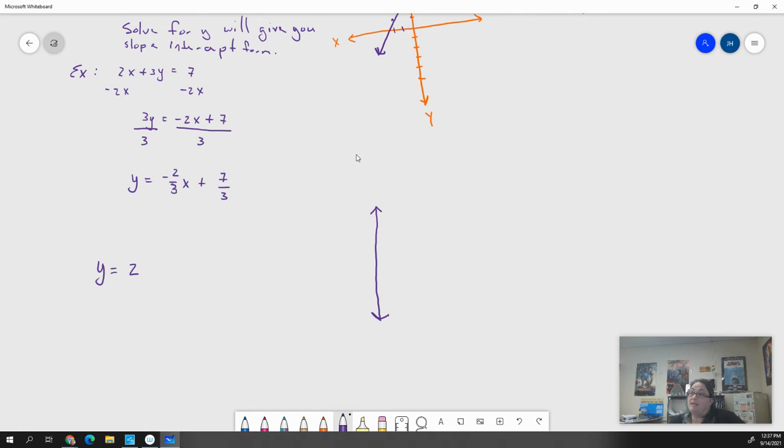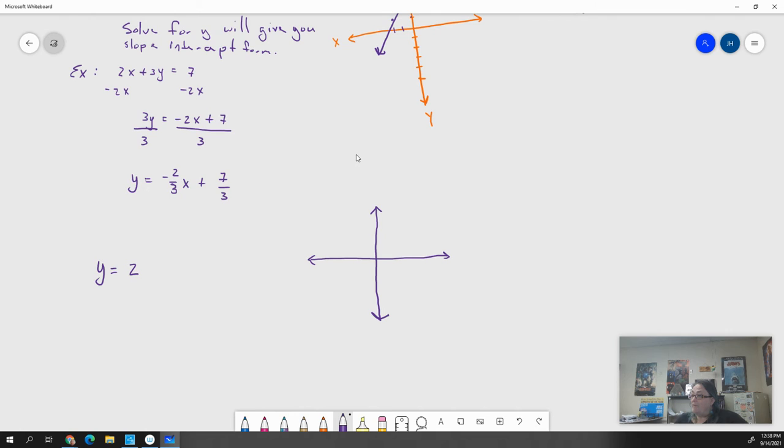Would you know what y equals 2 means? We're set up in the y equals mx plus b form, correct? Because we've solved for y, but we have no x, right? So our slope is 0. It means it doesn't curve. It's going to make a straight line, kind of like this.